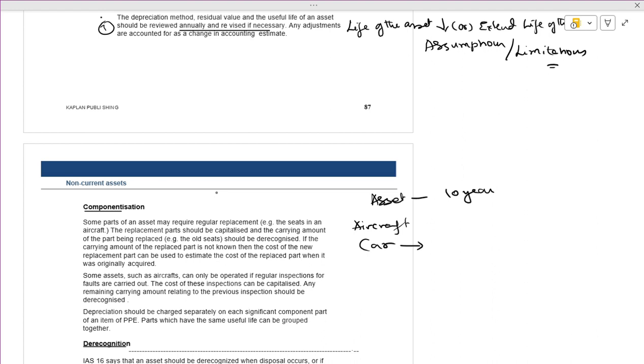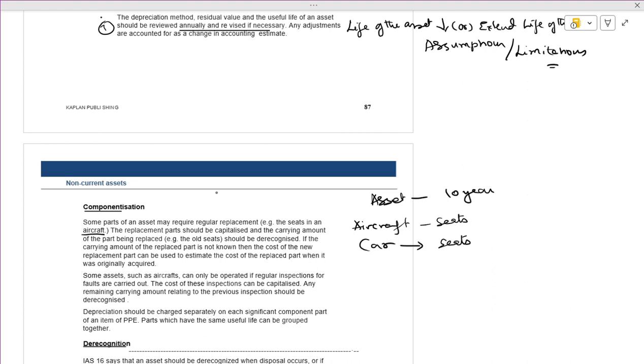Now, they say that some parts of an asset may require regular replacement. Seats in the aircraft. If you take a car also, car seats. After 2-3 years we want to replace the seat covers.